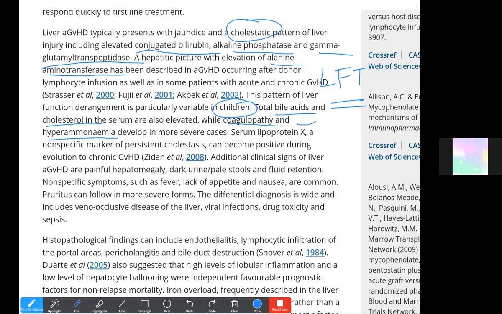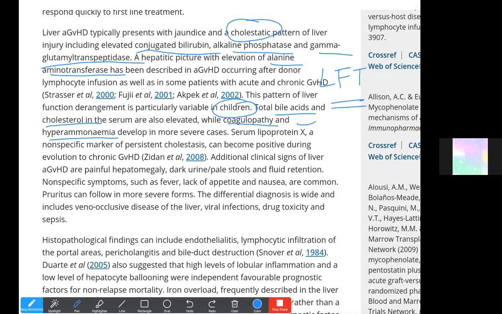The site at which the liver produces the bile is where these histopathological findings mostly occur. So at that point also, the patient may present with pale stools and dark urine. Non-specific symptoms such as fever, lack of appetite, and nausea are also common, and pruritus can also occur.